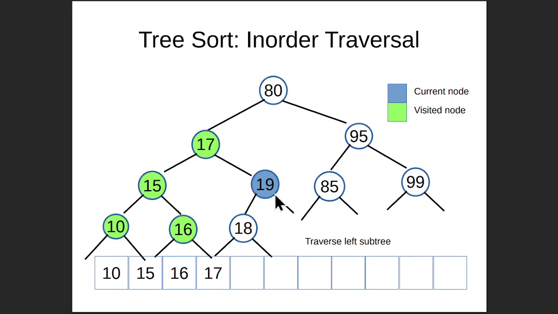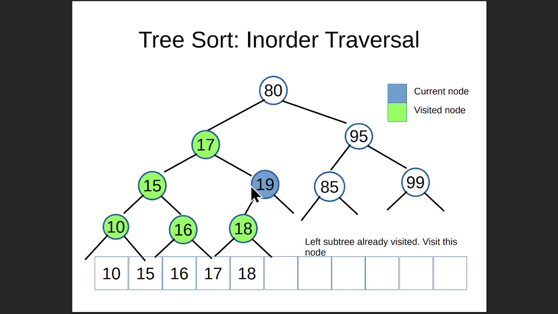When we look at 19, there is still a left subtree for 19, which is 18. We try to traverse the left subtree of 18, but it is not there. So now we visit 18 and then try to traverse its right subtree, but that is also not there. So now we revert back to its parent.